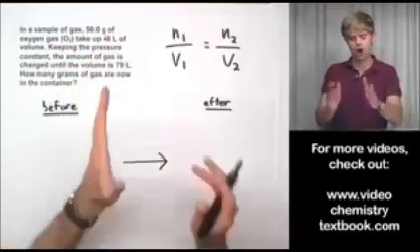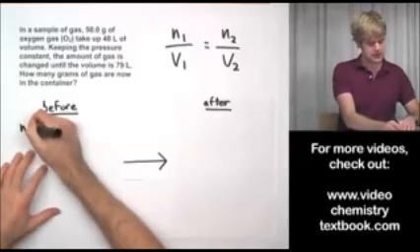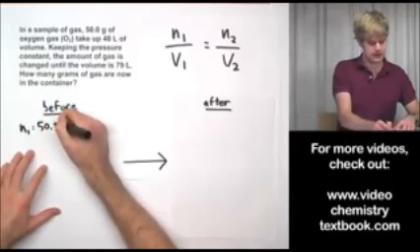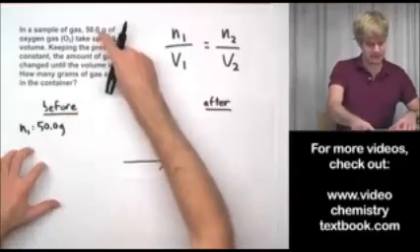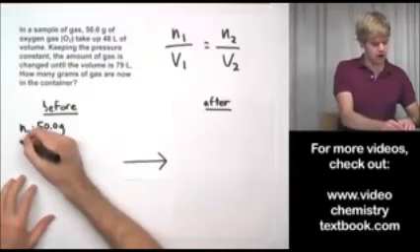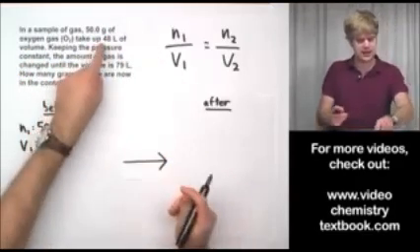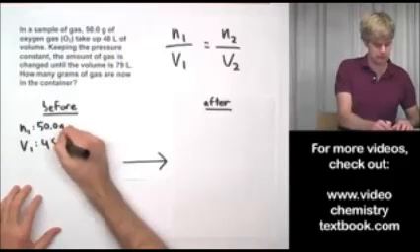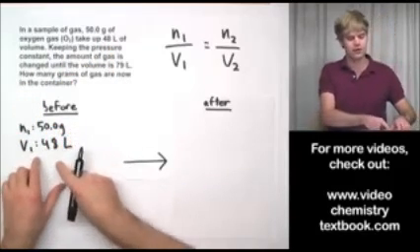That's what we start with, okay? So that means that N1, I'm going to make that 50.0 grams. And the volume, it says here that they take up 48 liters of volume, so 48 liters is before the change.